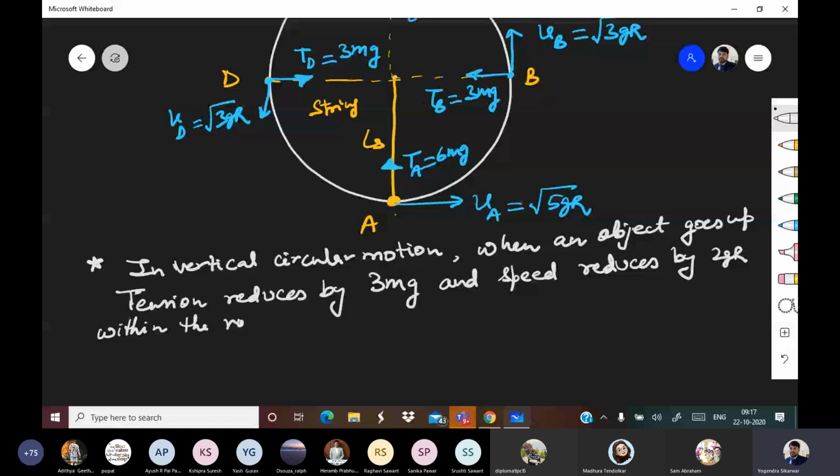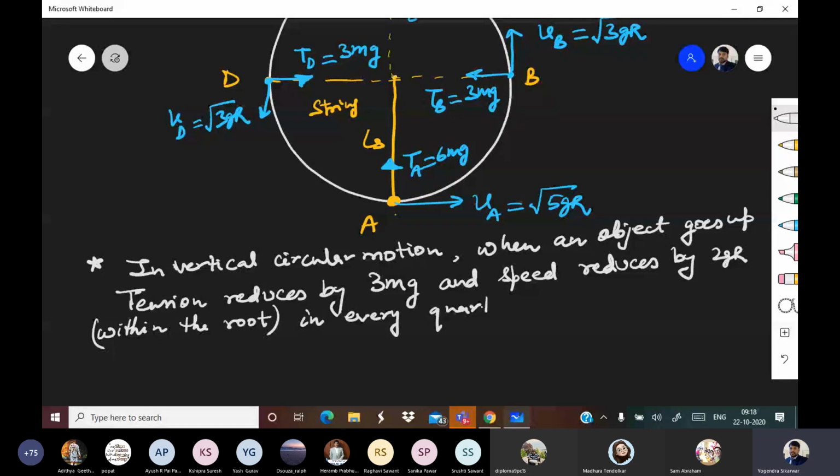Now this is not a very technical statement, but it is just to memorize. Speed reduces by 2 GR within the root in every quarter circle.